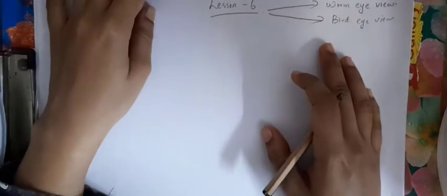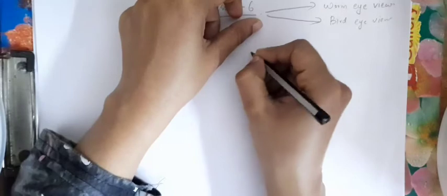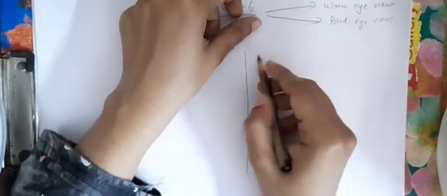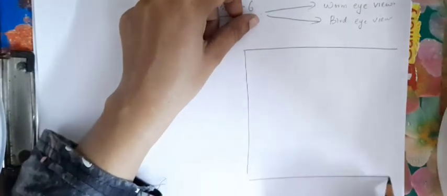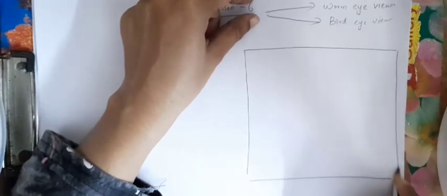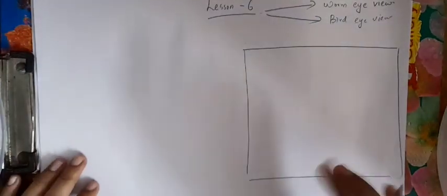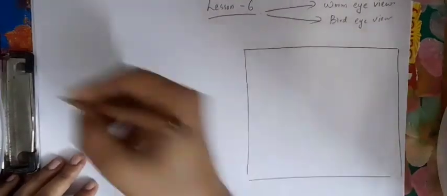So I will draw separately in two columns like this. This is for bird eye view and this is for ant eye view.